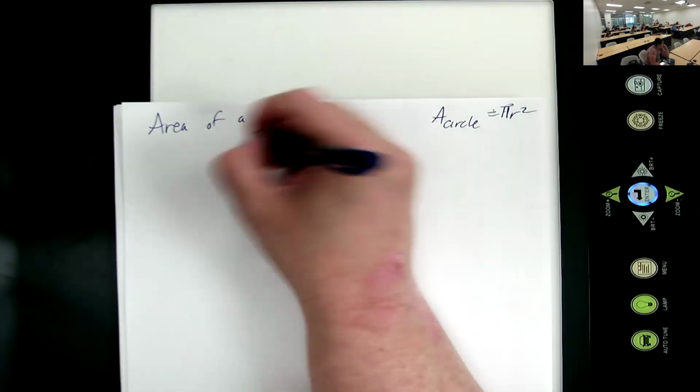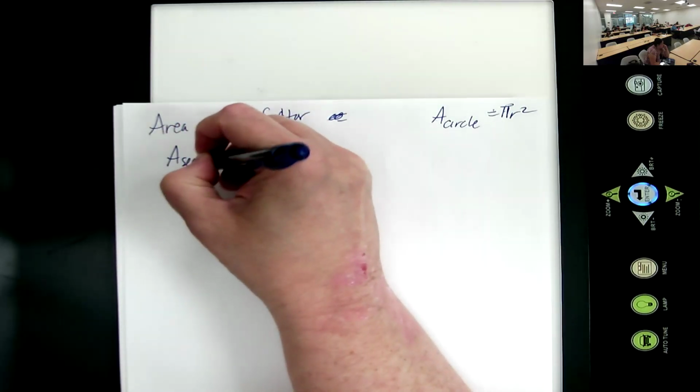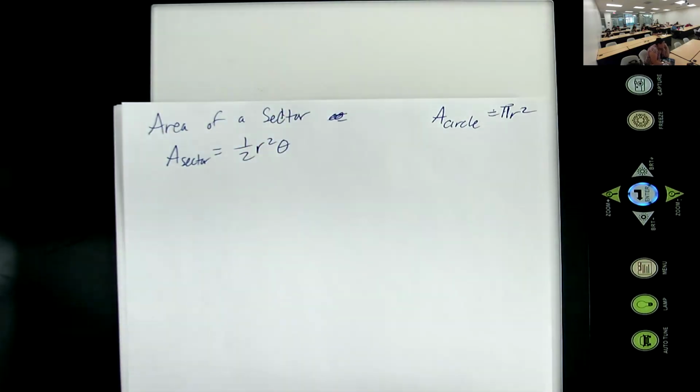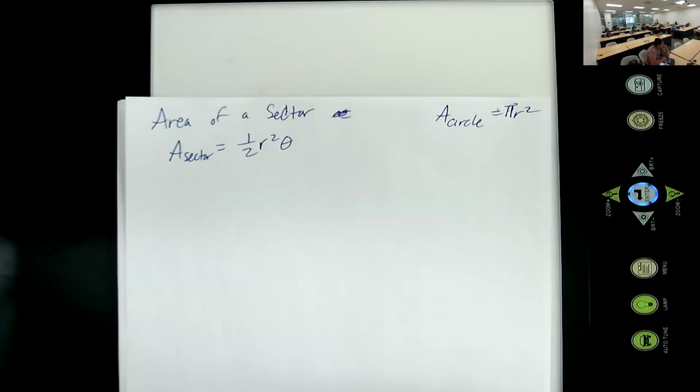The area of a sector is 1/2 r squared theta. Okay, and again, theta is in radians.